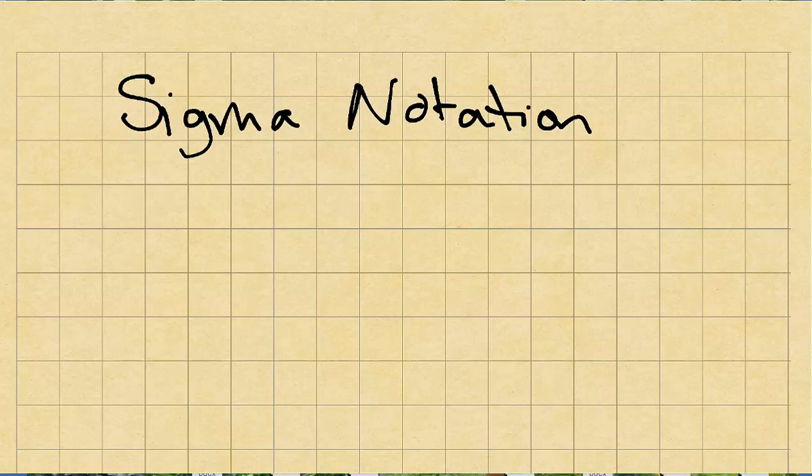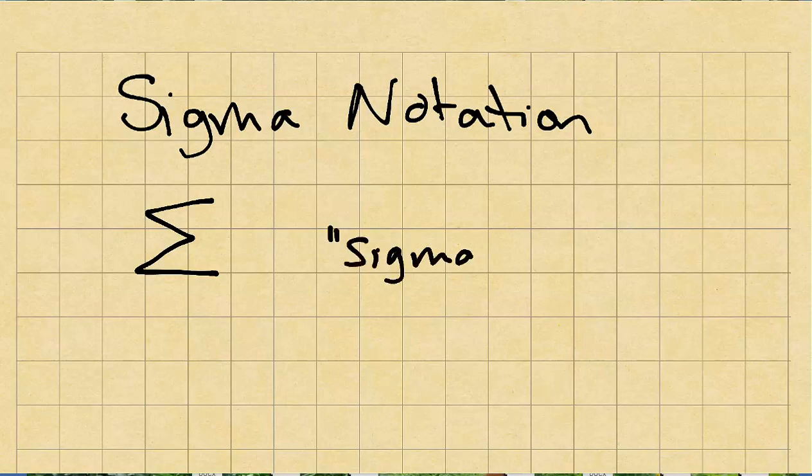Sigma notation is based on that symbol. That symbol is sigma. It's a Greek letter. And for math, you should always think of sum. So that's the sum of some terms based on some other things.